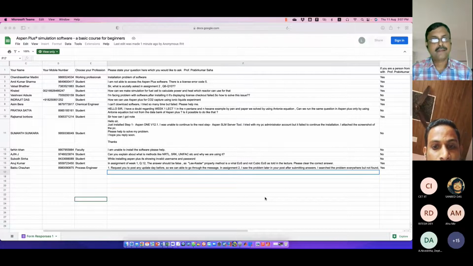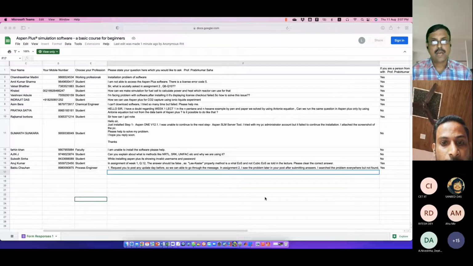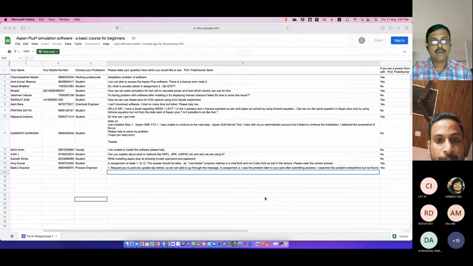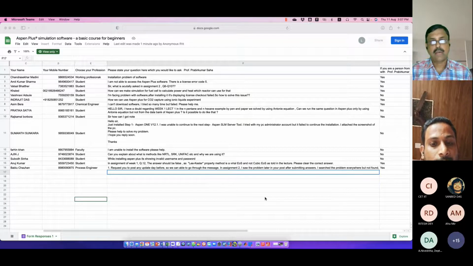But in this basic level course, I have not included user model because it needs a bit more knowledge about the system. So to cut it short, no, you cannot really simulate fuel cell.